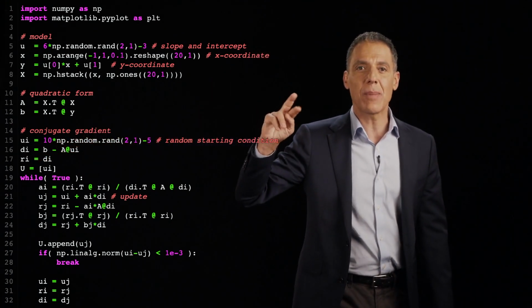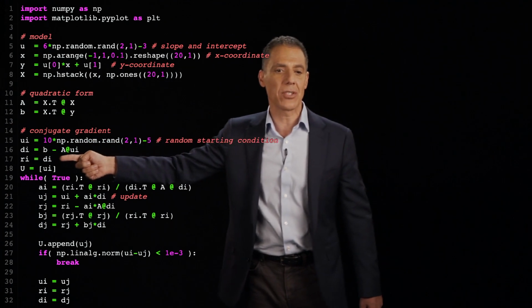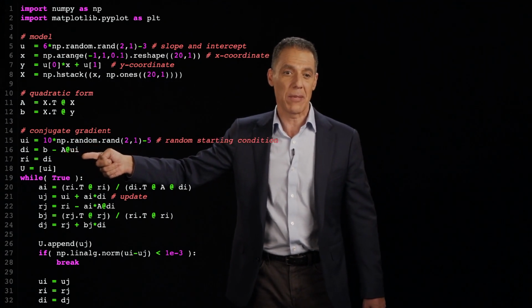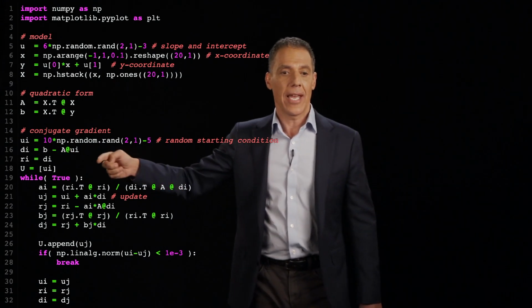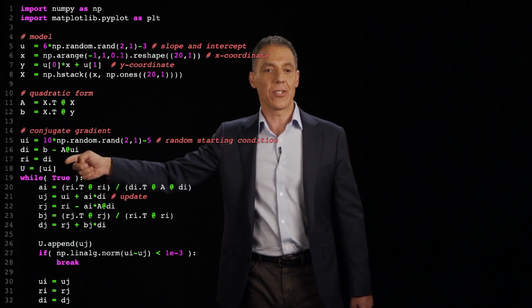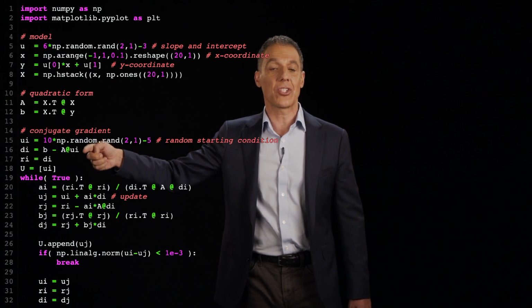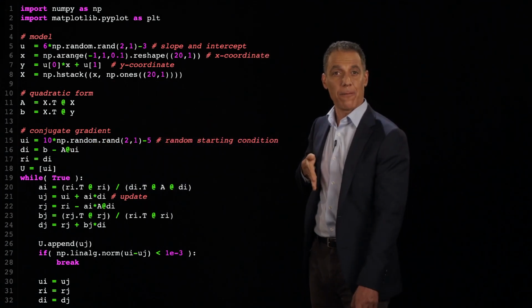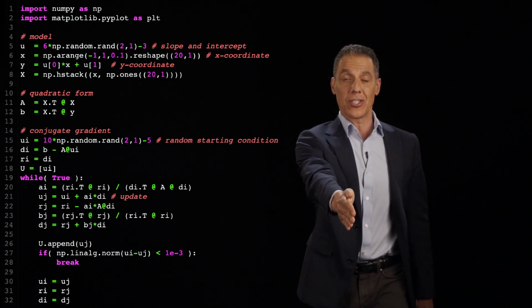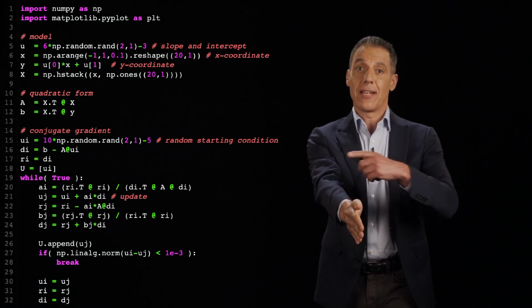I need this d_i and r_i. r_i was this, actually this looks very familiar. b minus A u_i, that's the direction of the negative gradient. And r_i on the first iteration is the same as d_i, but these are going to change on subsequent iterations. By the way, that makes sense because that first step, the direction's exactly the same, but the step size is going to be different.